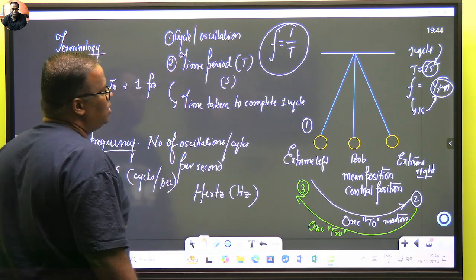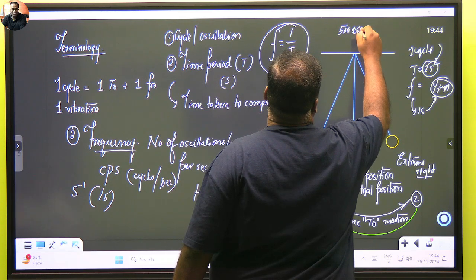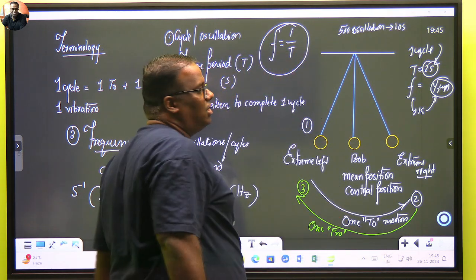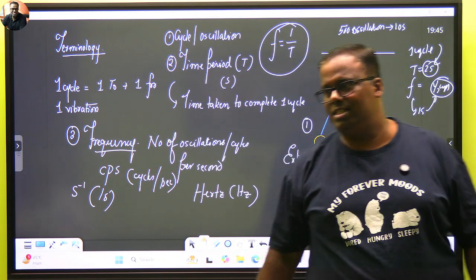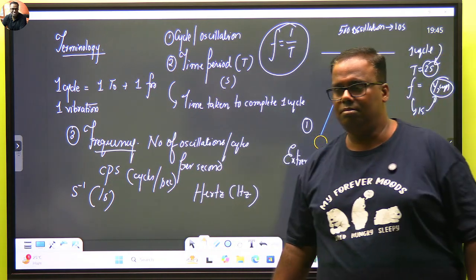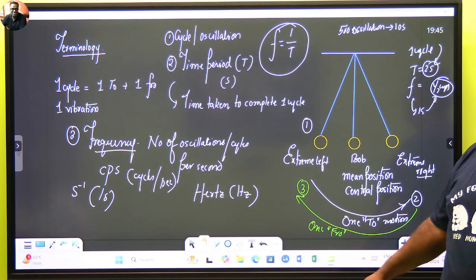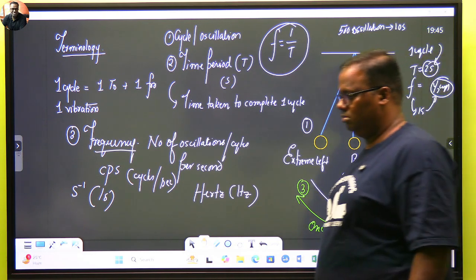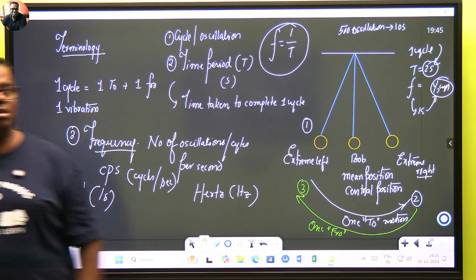So can you just correlate one small example, like say 500 oscillations. 500 oscillations take 10 seconds. Get me the time period and get me the frequency. In 10 seconds, 500 times.